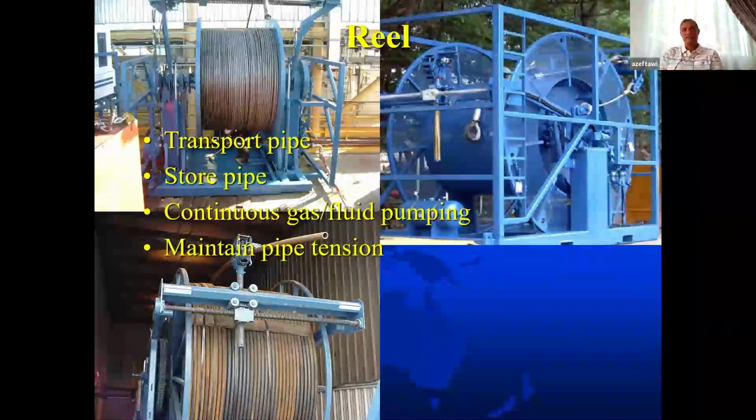The idea is, if we are running 1.5 inch coiled tubing, for example, with each one rotation of the drum, this override will move horizontally 1.5 inch. That's why if we change the size of the pipe to 2 inch, for example, then we have to change a device in the override, so it will move horizontally 2 inch with each one rotation of the drum, so we can spool the pipe correctly.